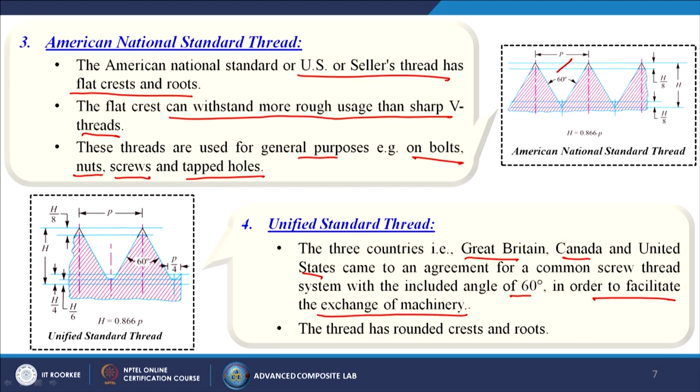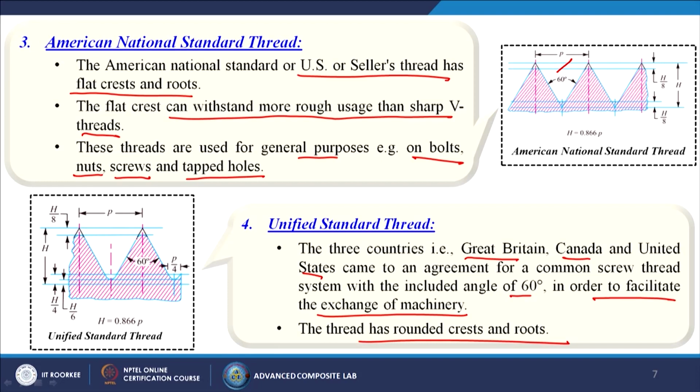That means, if one country prepares some equipment and exports it to another country and some problem occurs, that country can also produce this kind of thread and easily replace it. So, if the machine breaks down, there is no need to wait a long time for the material to come from a different country.